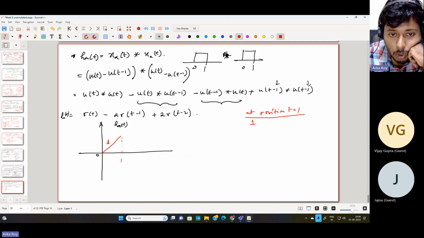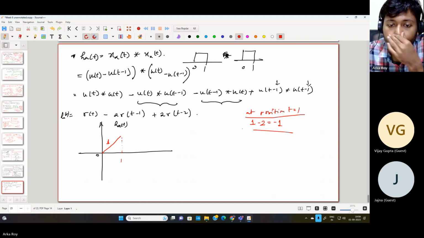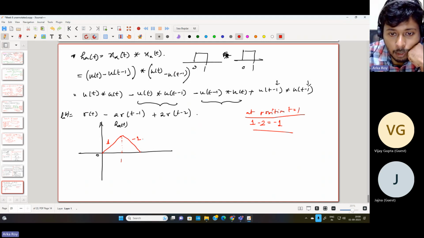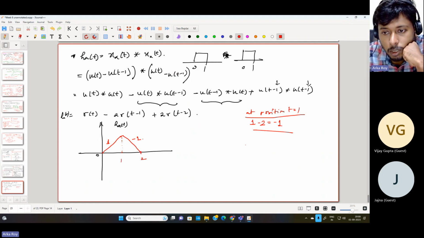Therefore the total contribution of slope is initially 1 and then minus 2, so it is effectively minus 1. So over here it will fall down with minus 1 slope. And then at position 2, what is the overall slope contribution?